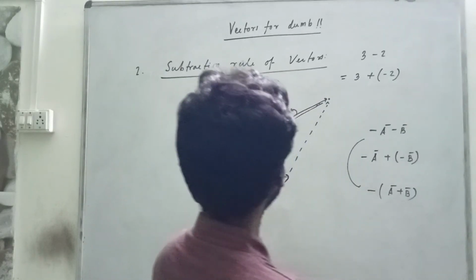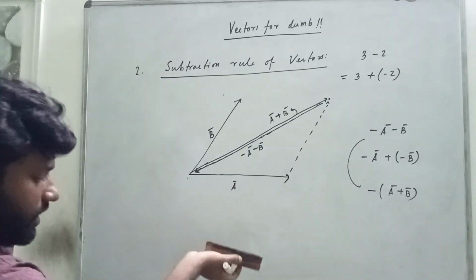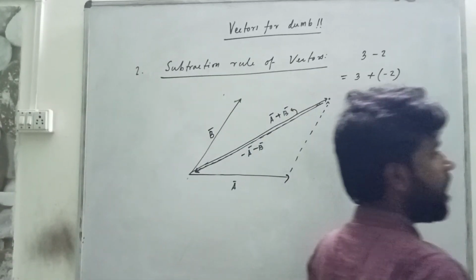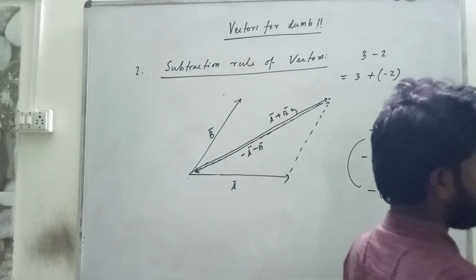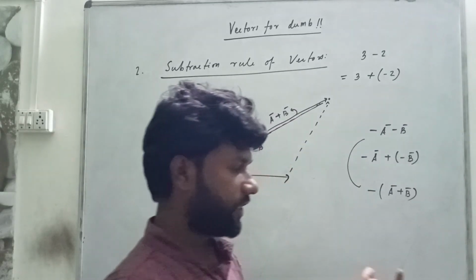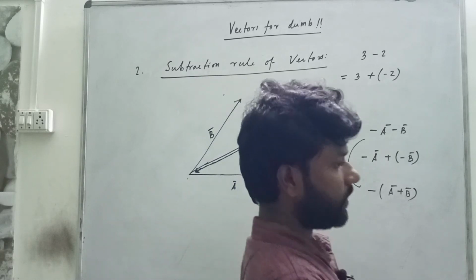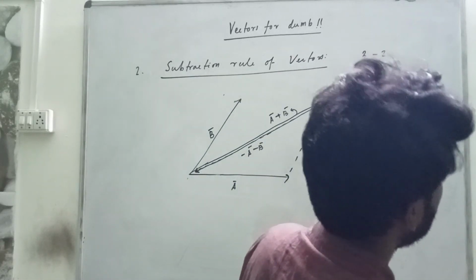So this is the class here, part 3 actually. Now I will introduce part 4, how to calculate the length of the addition vector and the length of the subtraction vector.